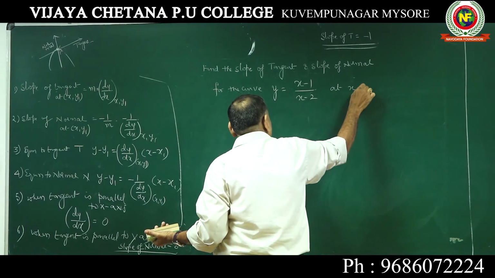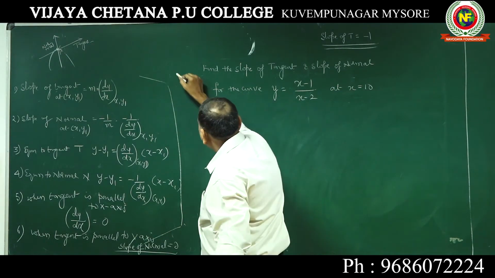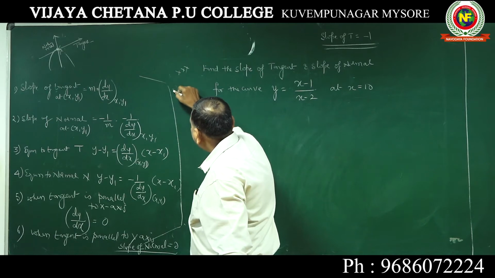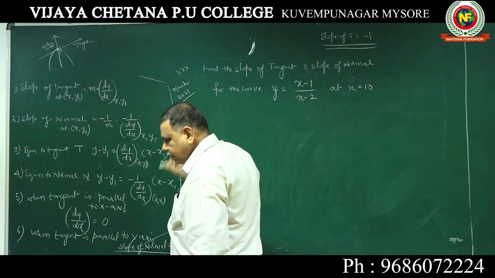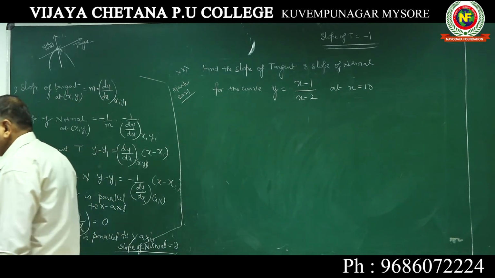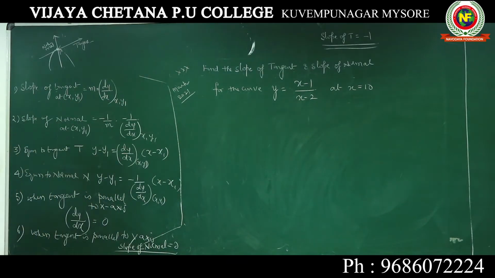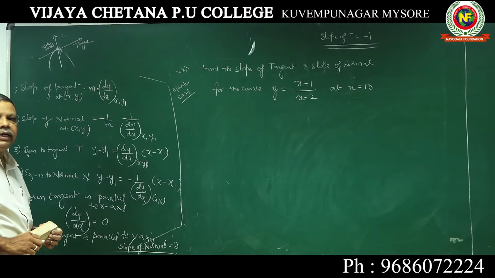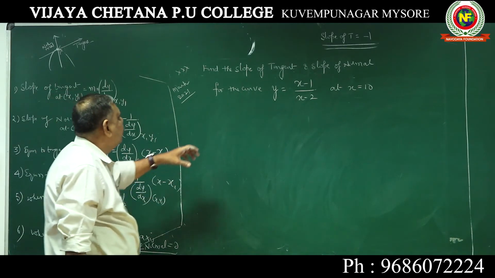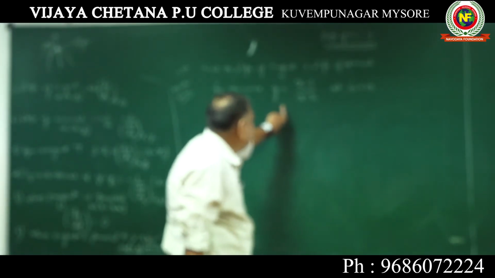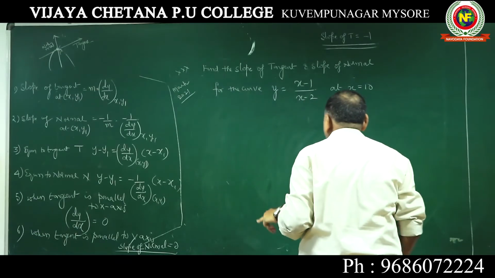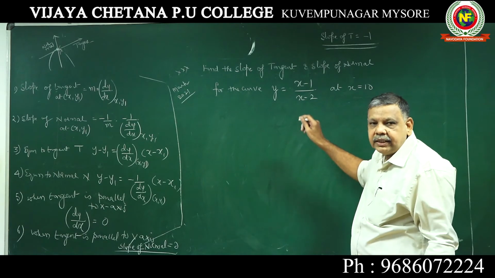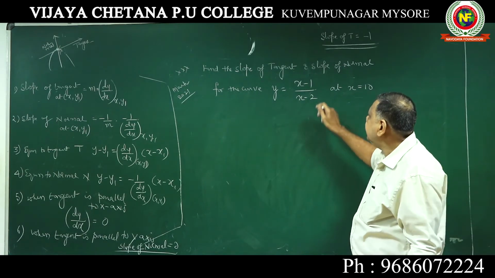This is a very important problem given in your textbook. I am expecting it in March 2021. You may get this problem this year. Find the slope of the tangent and slope of the normal for the curve y is equal to x minus 1 by x minus 2 at x equal to 10. What should you do? Differentiate to get dy by dx.